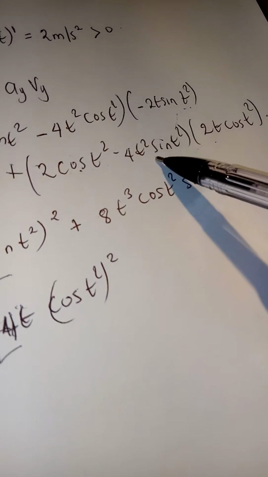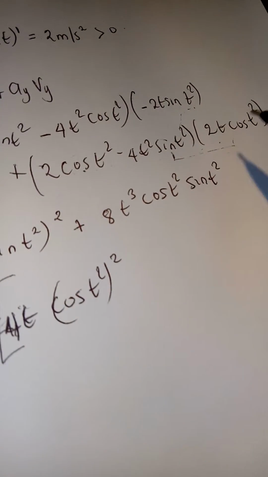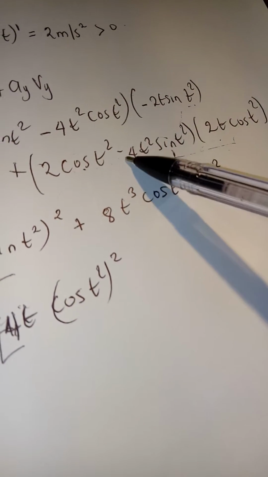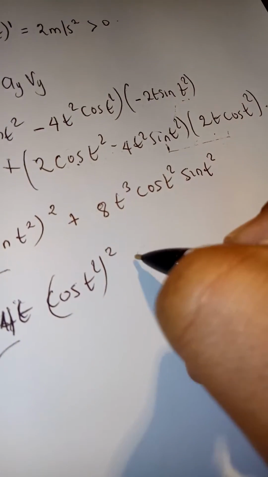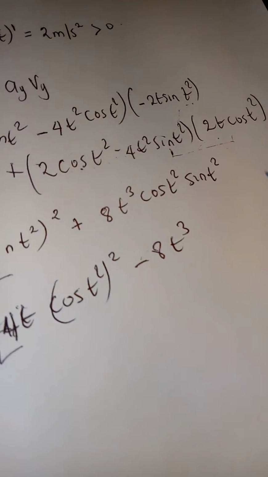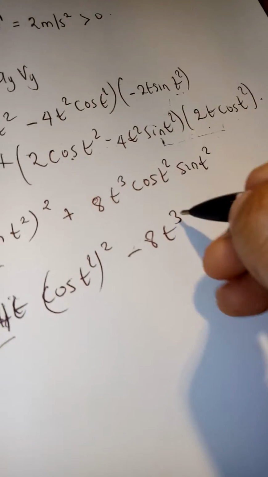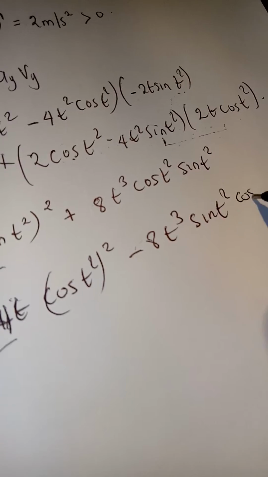Then multiply this again by this, that's multiplying these two now. So I have negative, remember this is a negative, so we're having negative 8t cube, then sinus t square cosinus t square.